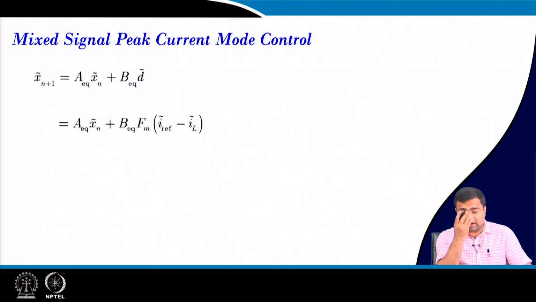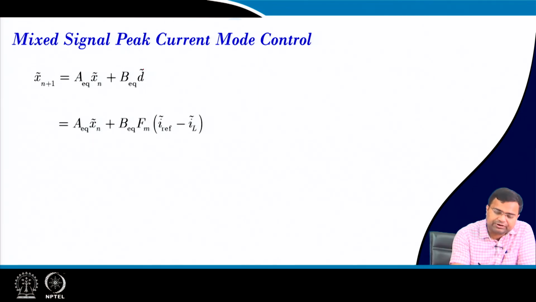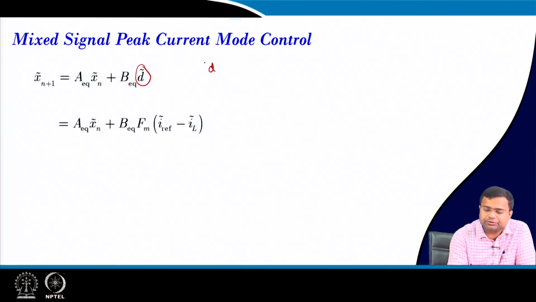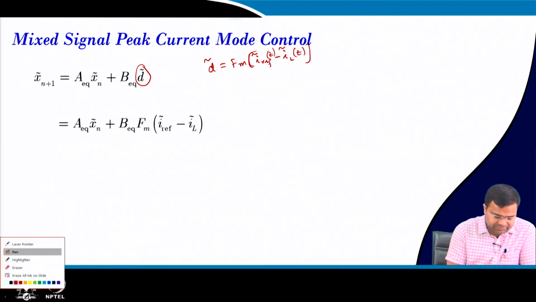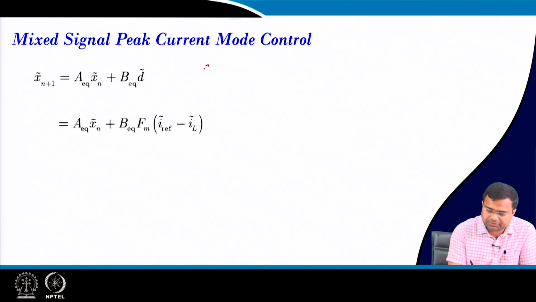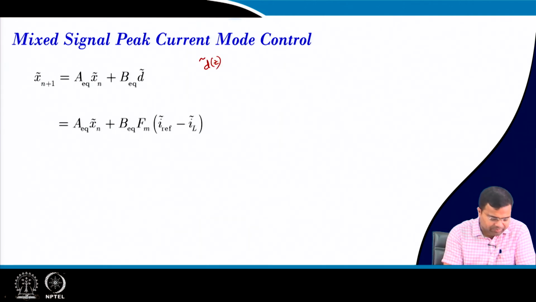Now we start with this. So we replace the duty ratio. What is the duty ratio? We know the duty ratio is the modulator gain times I ref perturbation minus IL perturbation. So if you take it in terms of Z, here it is in time domain, so it is just the perturbation.